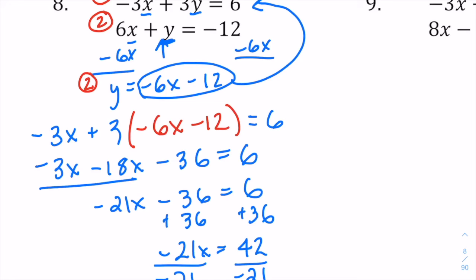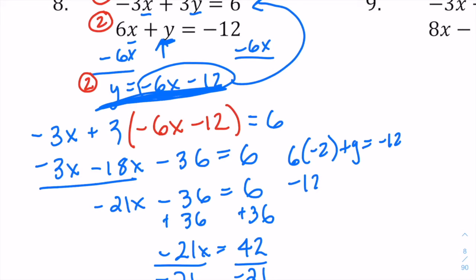Now, we could plug it back into our solved version of equation 2. It is the easiest to find y. But I still recommend going back to one of the original equations, just because if you made any goofs when you went to step 2, you'll catch them if you plug into your original equations. So we have 6 times negative 2 plus y equals negative 12.